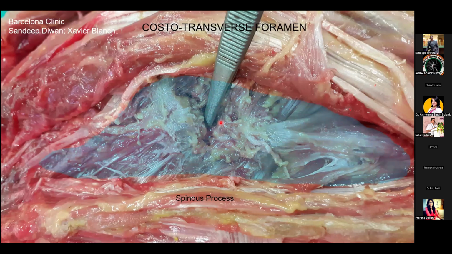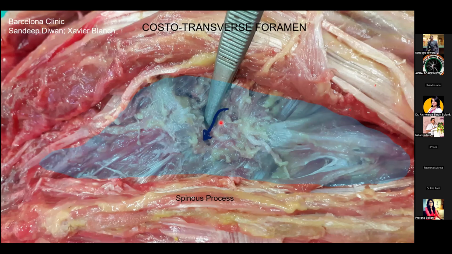A lot has now been discussed about where the drug can spread in this block. The standard volume is around 30 ml. 20 ml would be more or less. 30 ml would be more than optimal. 40 ml and 50 ml would be more than what is required. So 30 ml is what is said to be appropriate.